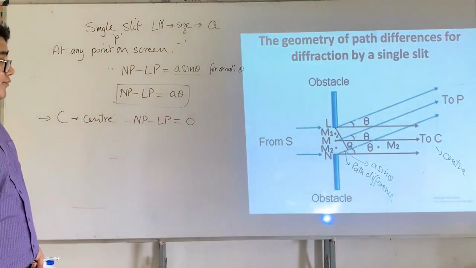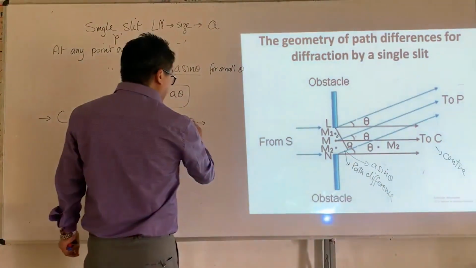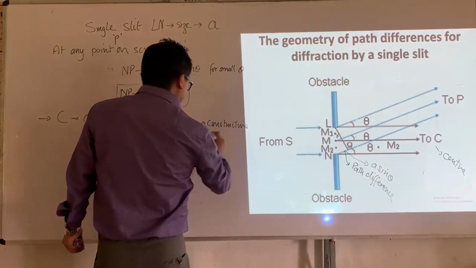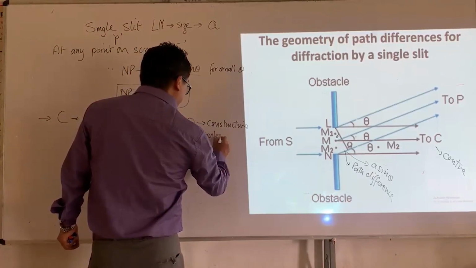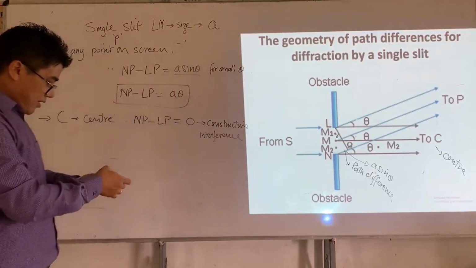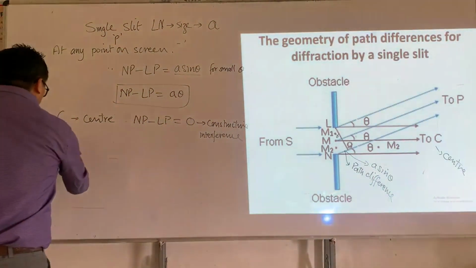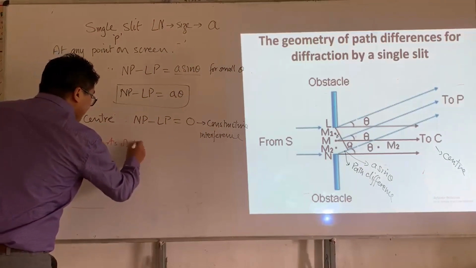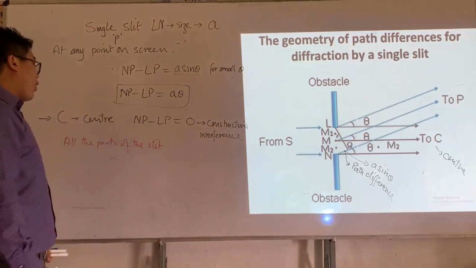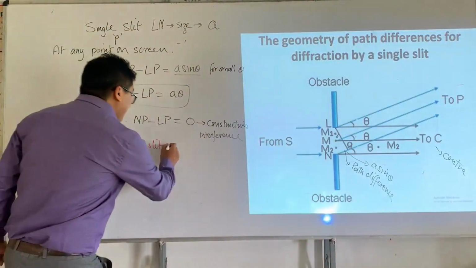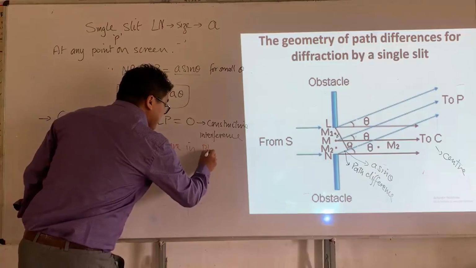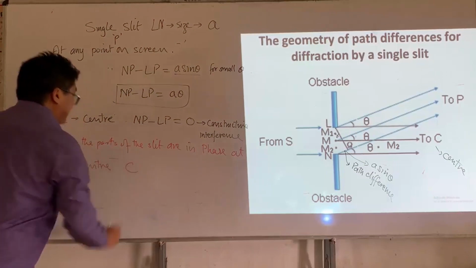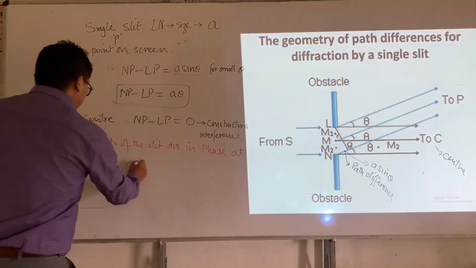If it is a 0 path difference, then it is constructive interference, which means all the parts of the slit are in phase at center C. This is very important.